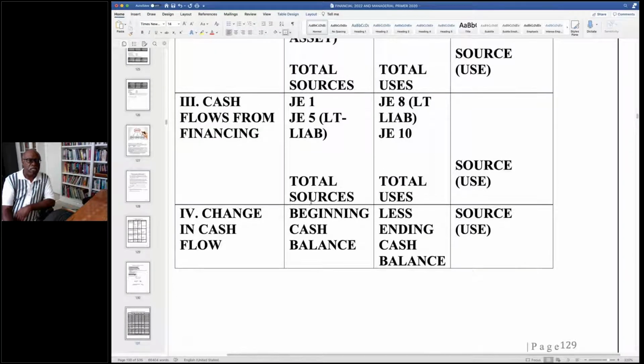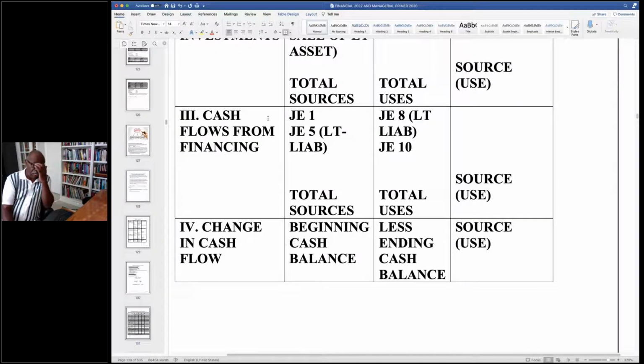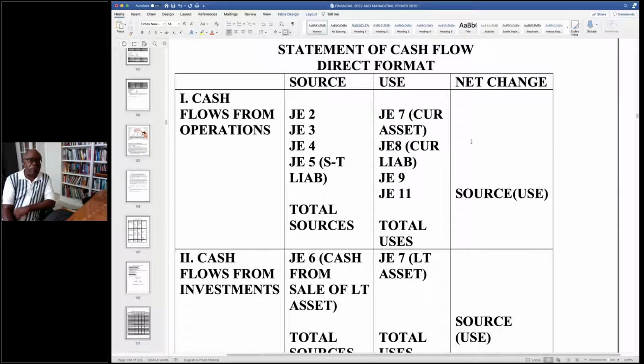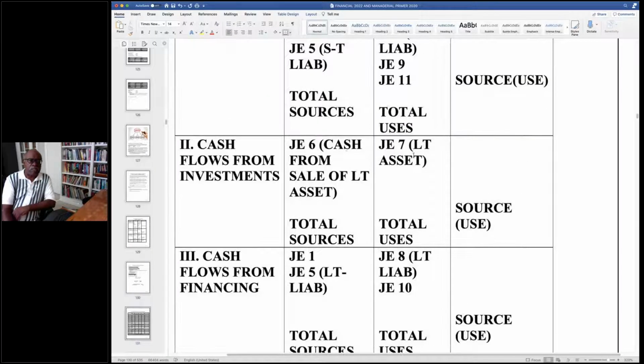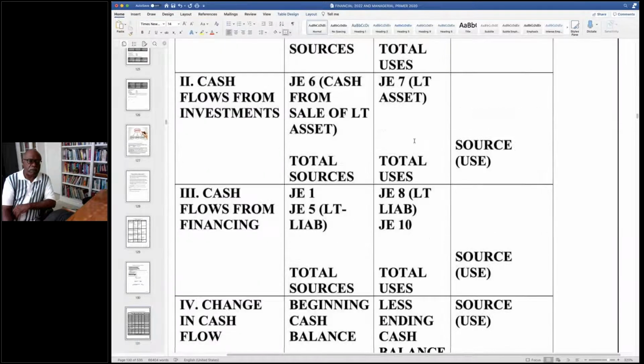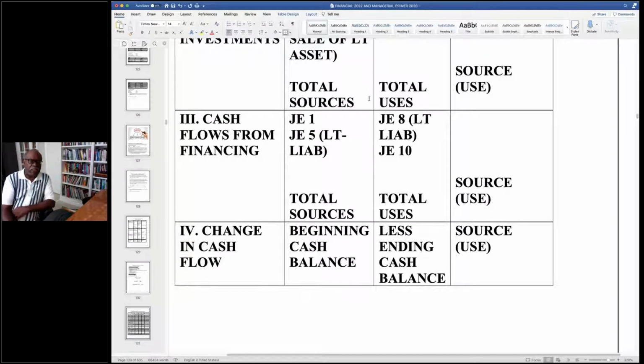Journal entry 1 comes in part 3. So the journal entries are listed by the part that they're in. So journal entries 2 through 5, 7 through 11 are in part 1. 6 and 7 are in part 2. If it's a long-term asset, short-term asset is up here. Then from financing, as we get to part 3, these journal entries are there, the long-term liability.